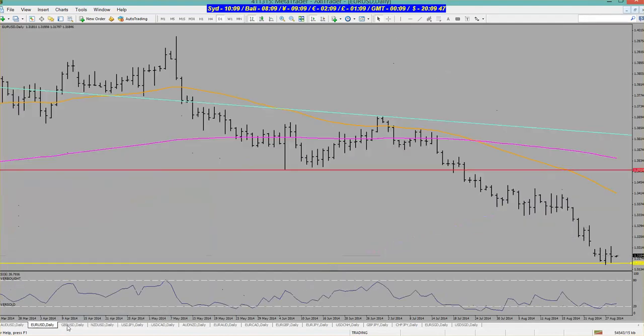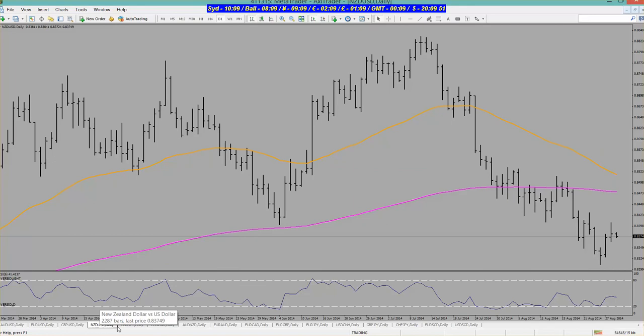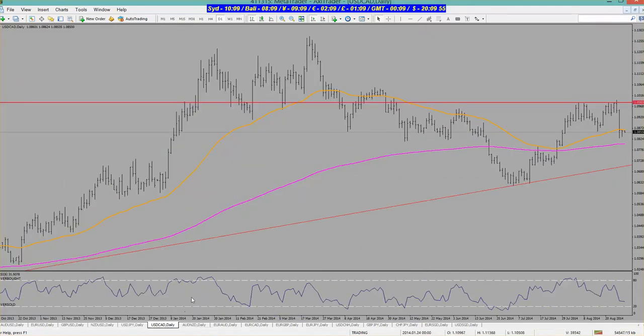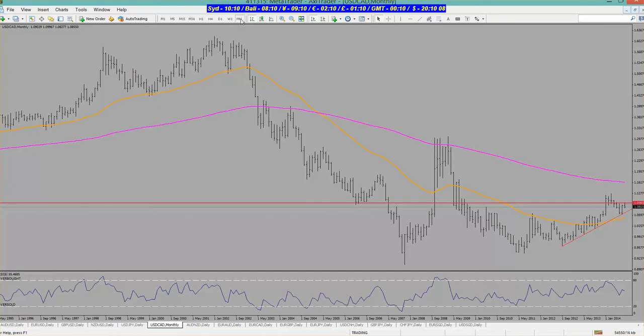The euro looks like it, the pound looks like it, the Kiwi's certainly in it, the yen's doing it, the CAD, well, the CAD has done its phase 2, it could be coming all the way back to this cycle here, which would put it into almost a wedge type formation. Doesn't quite, just underneath that, isn't it?